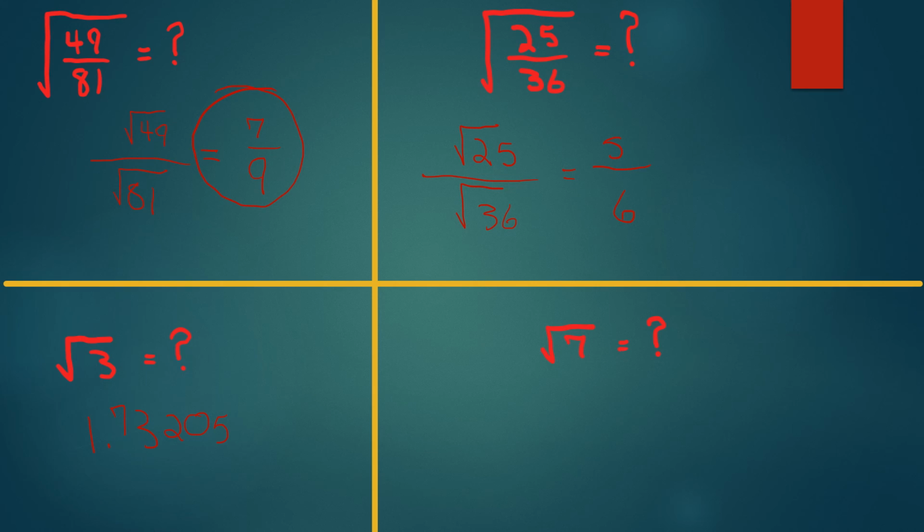We'll just leave it right there. The number continues. And the square root of 7 equals 2.6457, and so on.